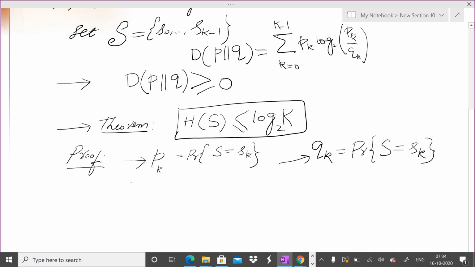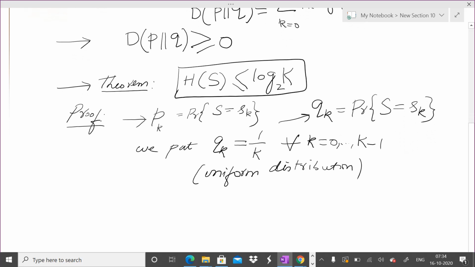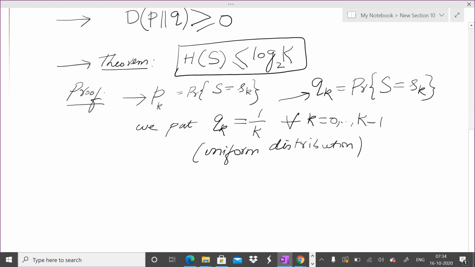Now if we put qk equal to 1 over capital K for all k, this is also called a uniform distribution. That is, we are taking a distribution wherein the random variable S can take any value with equal probability.